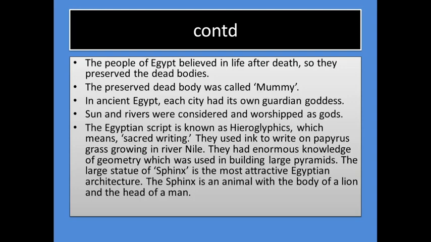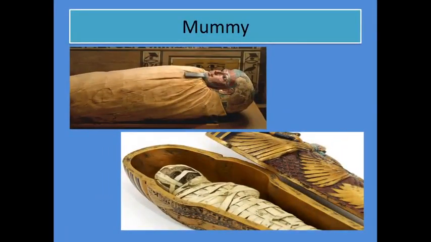So you can see this Sphinx, which is the attractive Egyptian architecture. The body is in the form of a lion and it has the head of a man. Here you can see the mummies in the coffins.